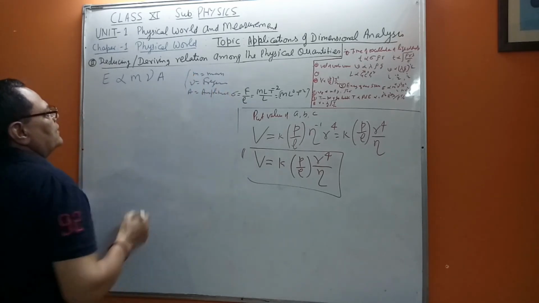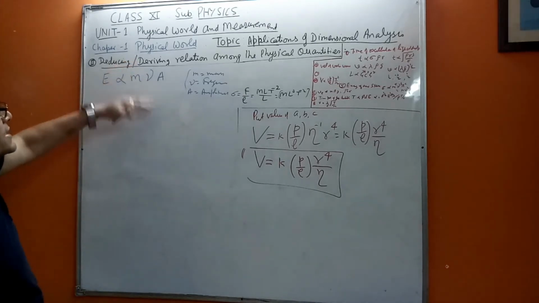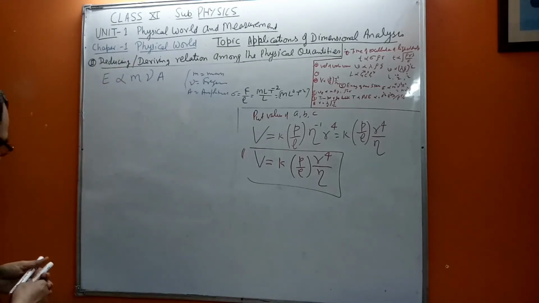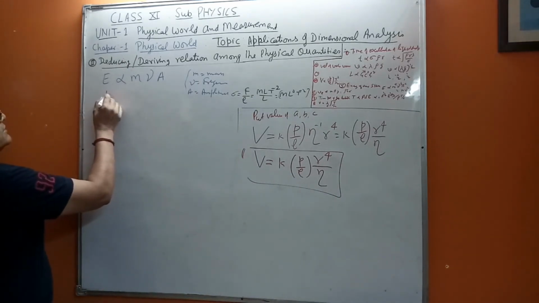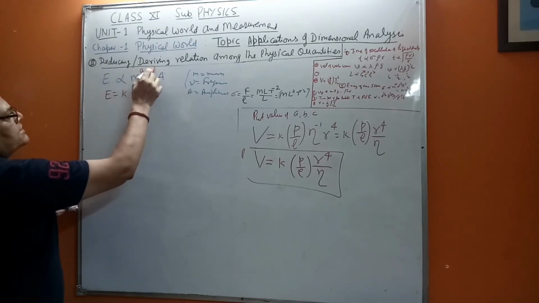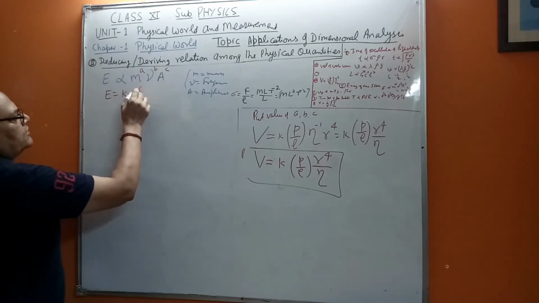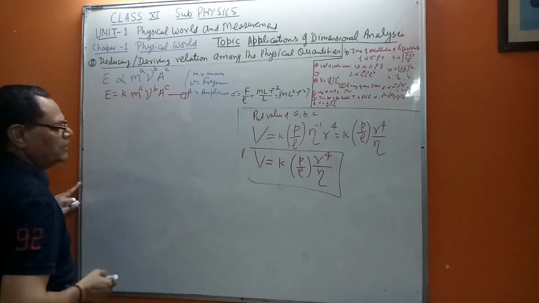So we have to derive a relation whether this energy is directly proportional or reciprocal or with square and all that. So no issue at all. That is E is equal to some constant K, assume some powers a, b, c as usual. So m raised to power a, nu raised to power b, a raised to power c. Say this is equation 1.